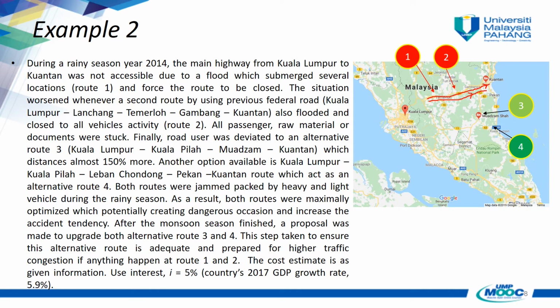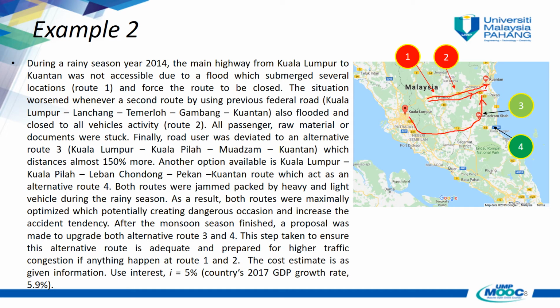Finally, road users from Kuala Lumpur were deviated to an alternative route: from Kuala Lumpur to Seremban, Kuala Pilah, then Muazzam, and lastly arrive at Kuantan. This third route has a distance almost 150% more.